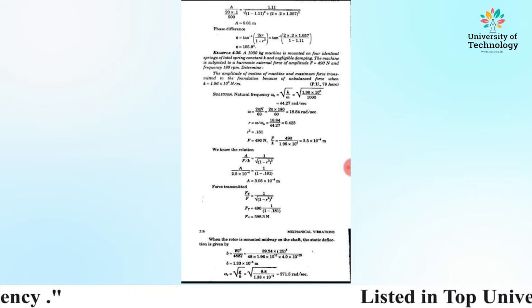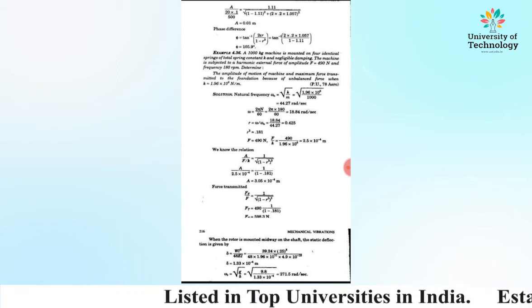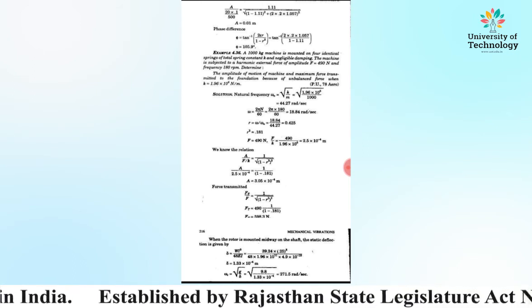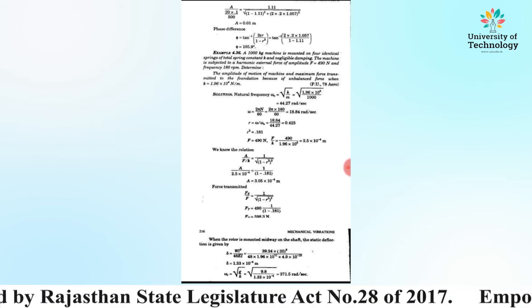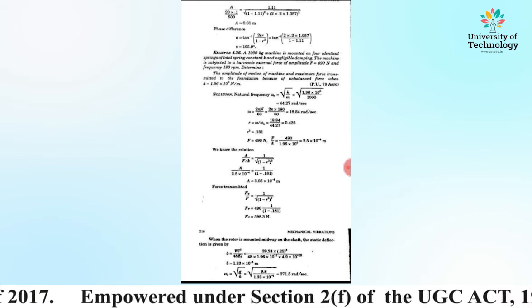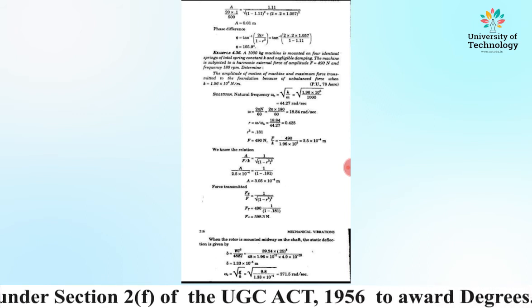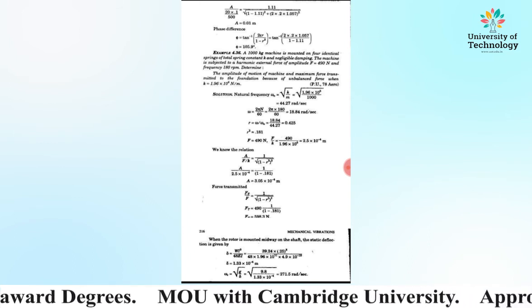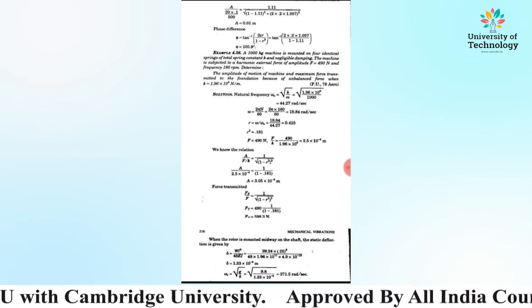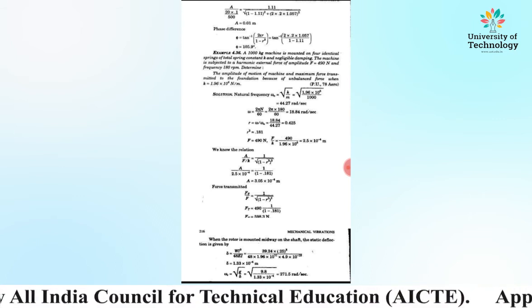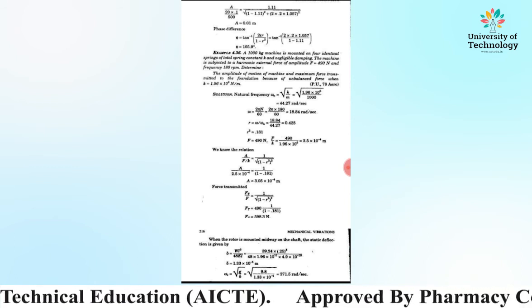The value of N is equal to 180 rpm, and omega is equal to 18.84 radian per second, and the ratio of omega and omega n is r equal to 0.425, and the square of this, r squared, is equal to 0.181.